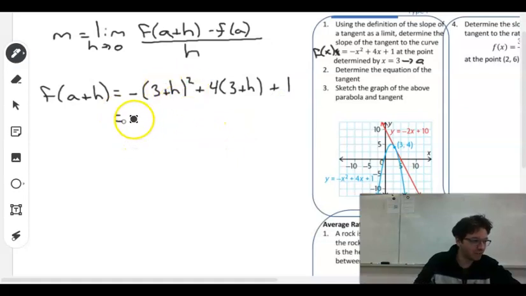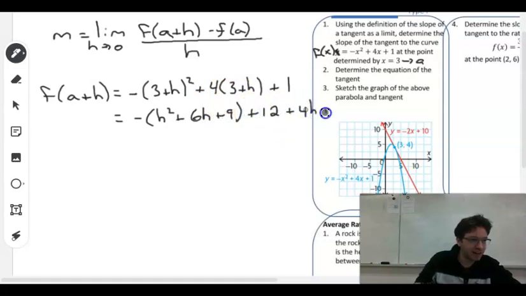Here we have a nice perfect square, so minus h squared plus 6h plus 9. Here we have plus 12 plus 4h, and that plus 1 at the end. So collecting like terms and simplifying a bit, we'll end up with minus h squared minus 2h plus 4. All right, so that's the function at a plus h.